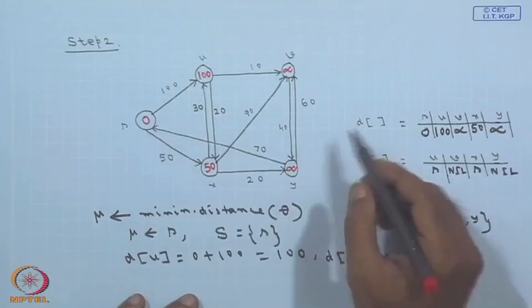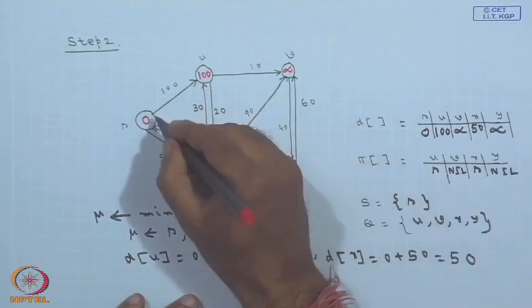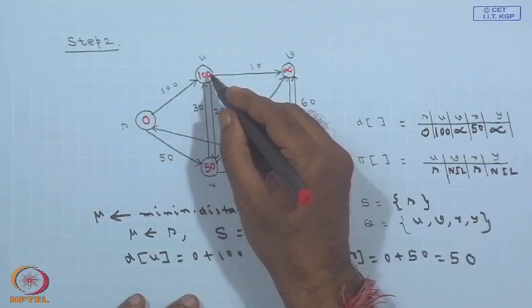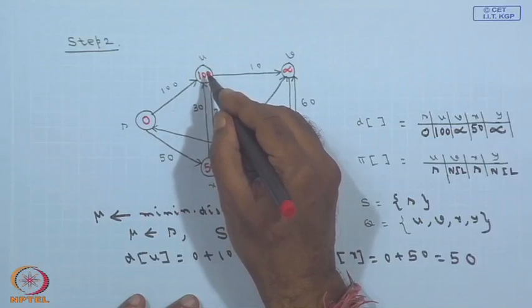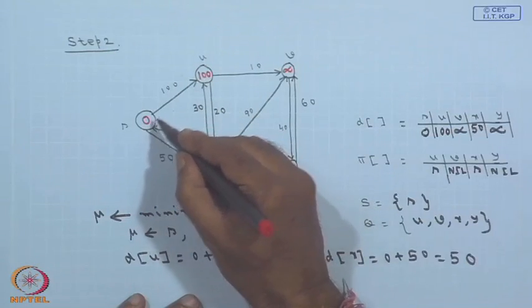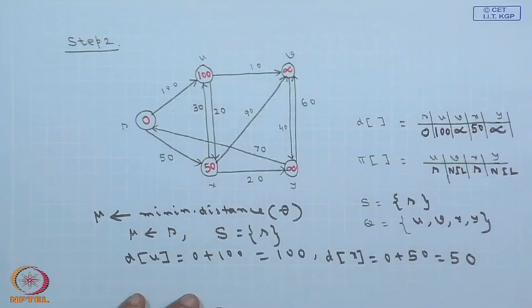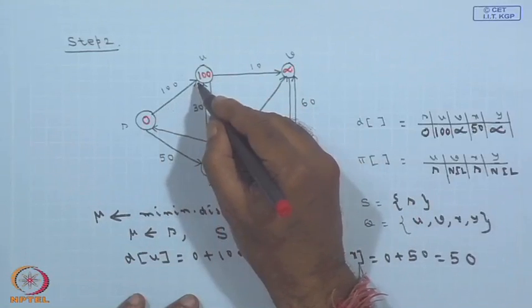If you see, once I have obtained this from S to u, this is the shortest path. This subpath is the shortest path for moving from S to u. You cannot minimize this distance value 100 in any way. If I want to move from S to u by any means, I cannot make it lesser than 100.